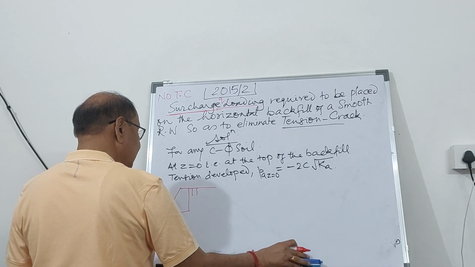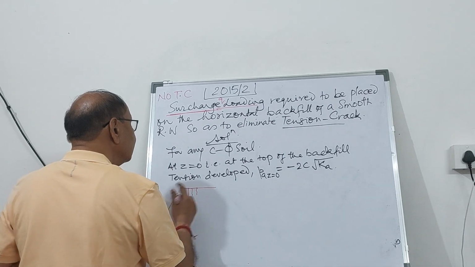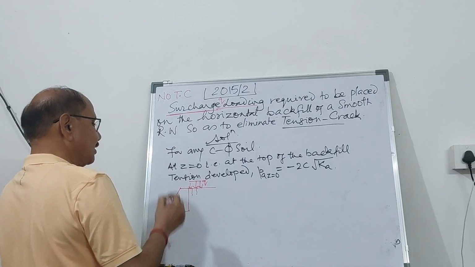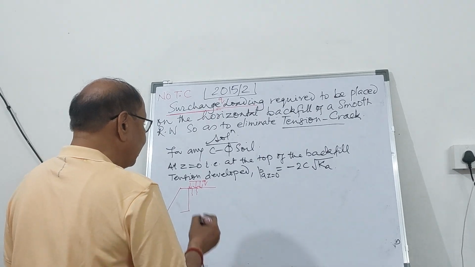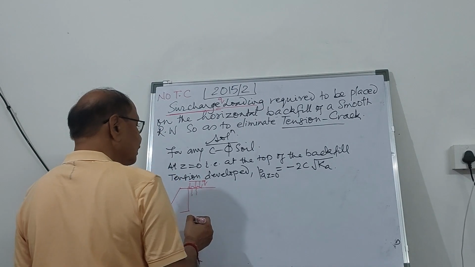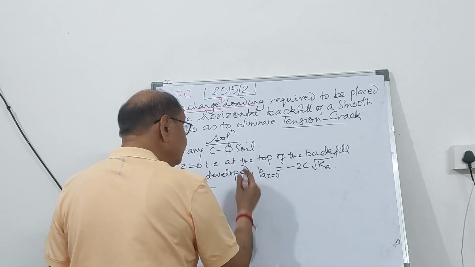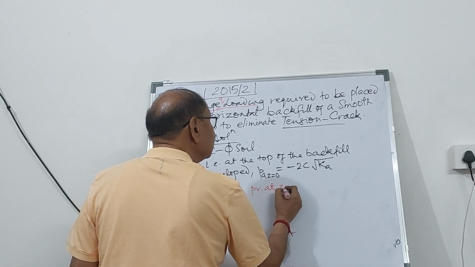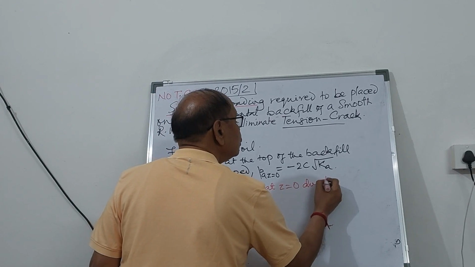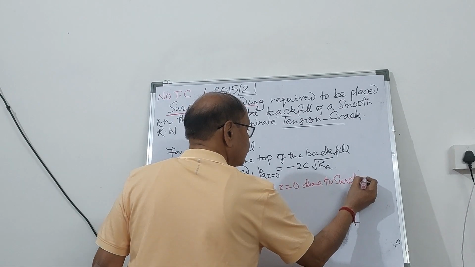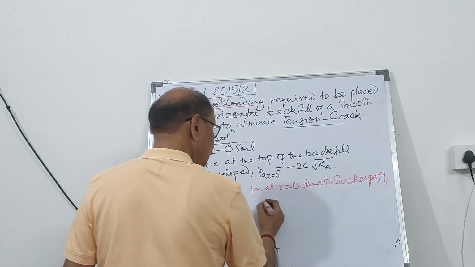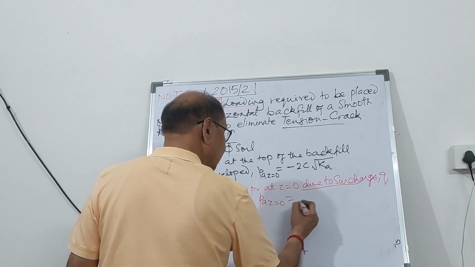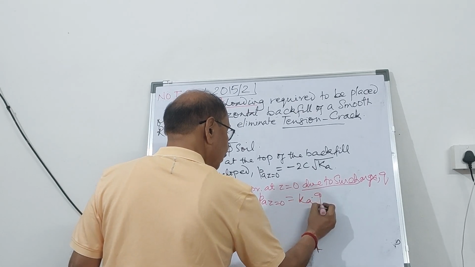To eliminate it, you need to place the surcharge. Now, if you place the surcharge Q, the pressure at Z equal to 0 due to surcharge Q will be K into Q.